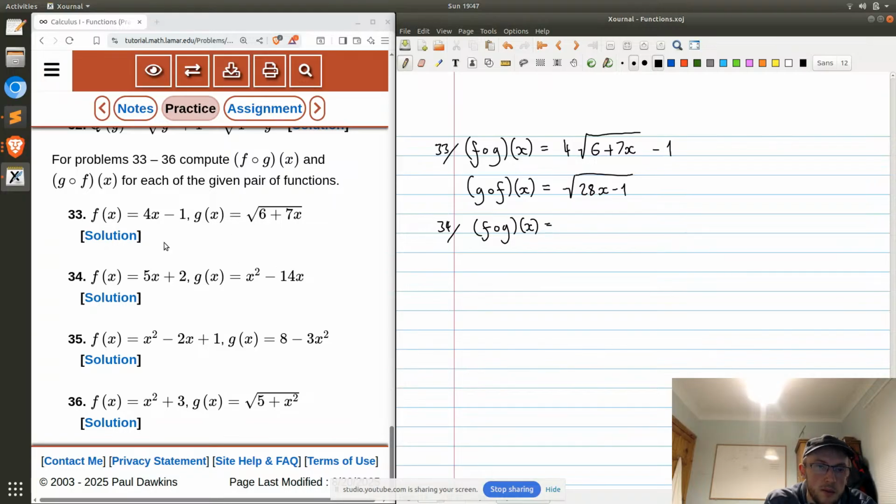Pick up g, feed it into f. So it'll be 5x squared minus 70x plus 2. Pick up f, feed into g. So it'll be the square of 5x add 2, which is 25x squared add 20x add 4.